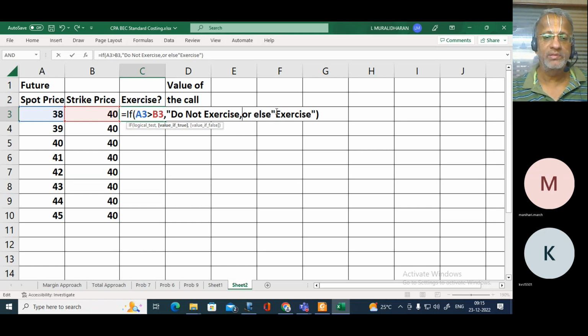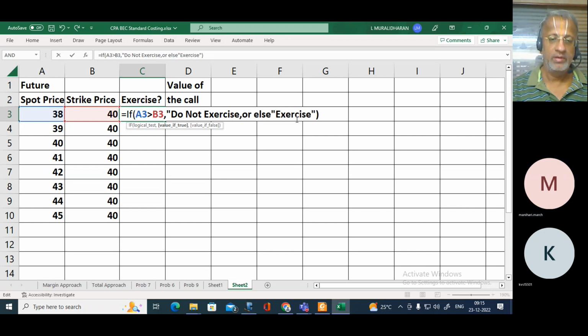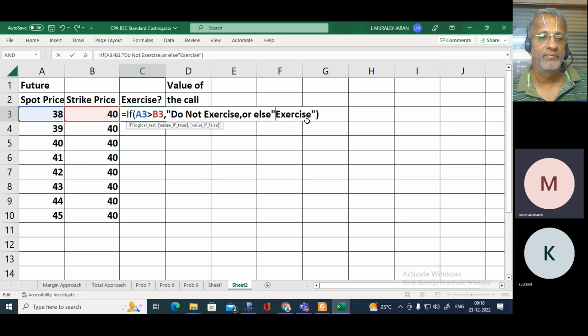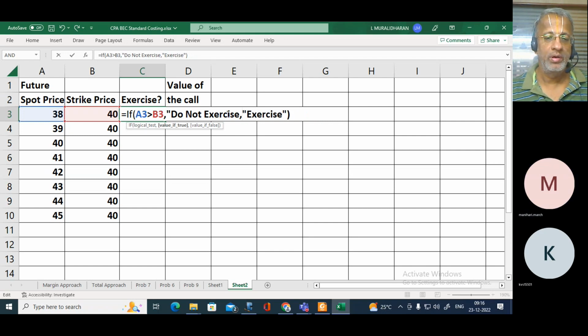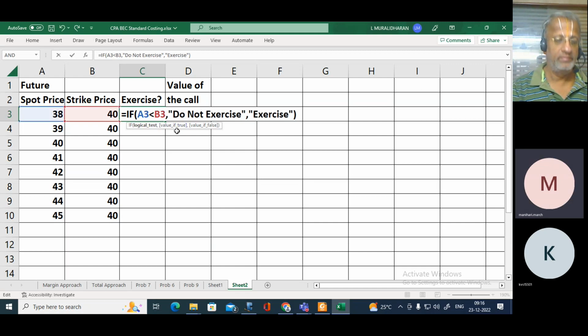Double quotes should be there for do not exercise and for exercise. It is telling wrong. Otherwise you can put A3 lesser than B3 so that it will be the other way.